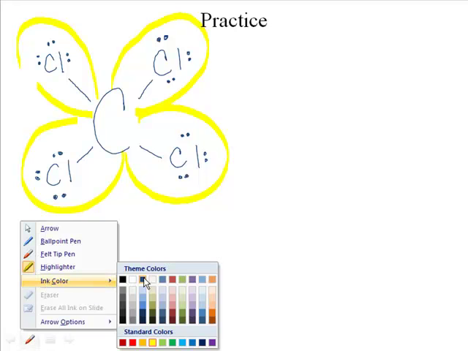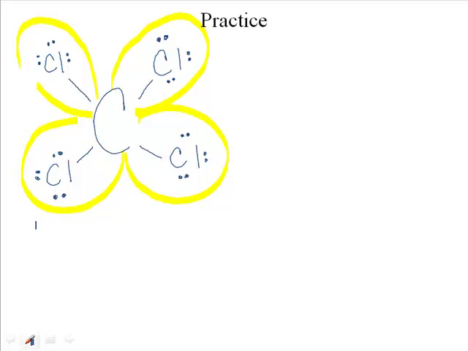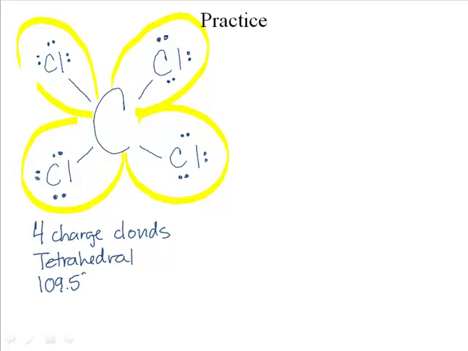So I have a total of 4 charge clouds. My 4 charge clouds indicate my geometry because with 4 charge clouds, all of which are bonds, I know that I can call this tetrahedral. And I would expect the bond angle to be roughly 109.5 degrees.